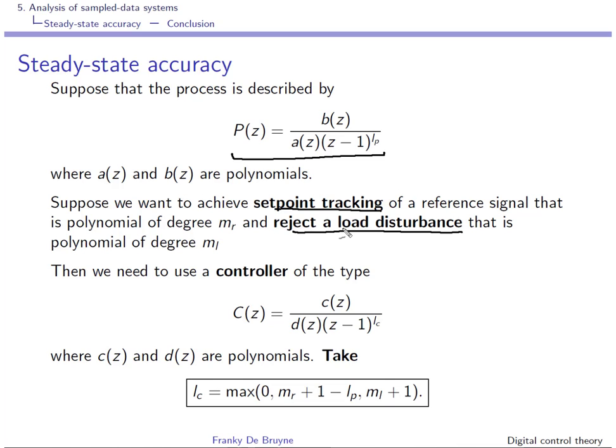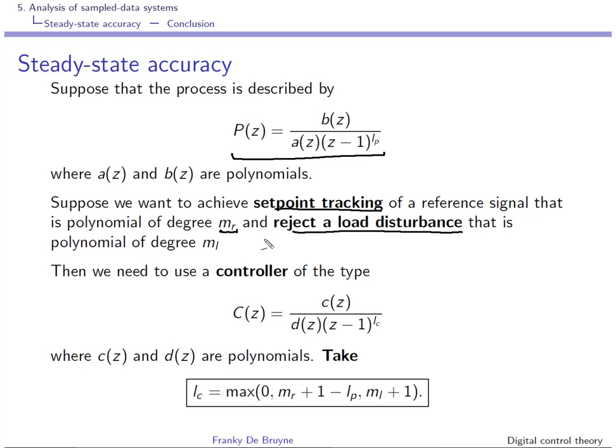And then we want to see what happens as far as steady state accuracy is concerned. Does the control error go to 0? We want to achieve set point tracking, and the reference signal or set point signal that is considered is a polynomial of degree MR.